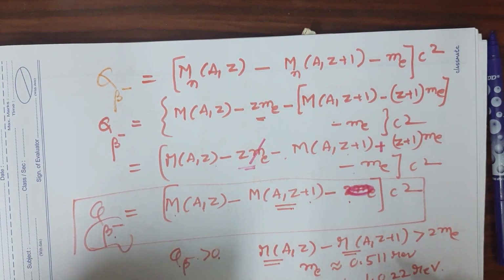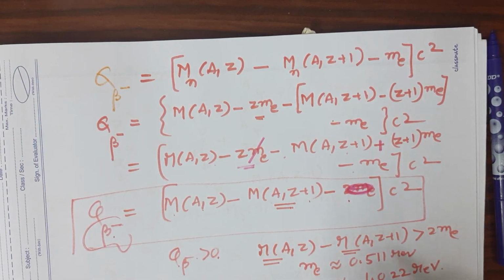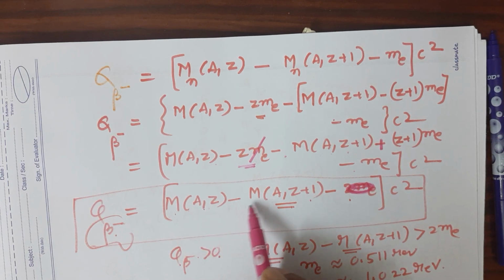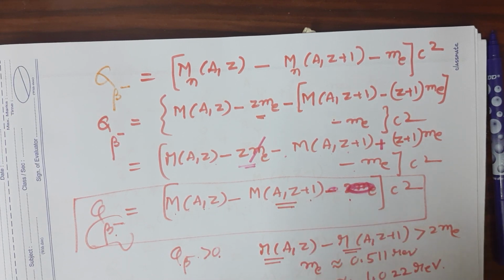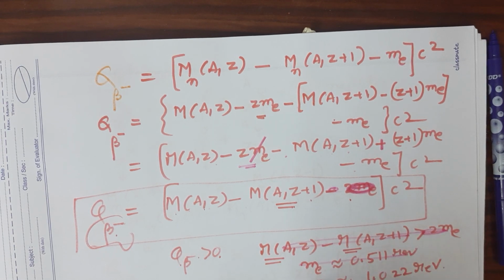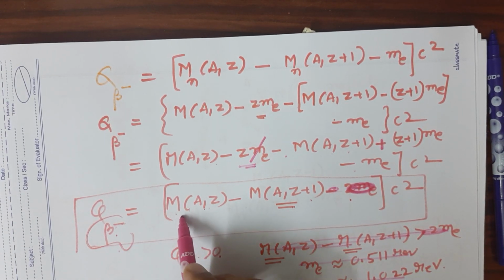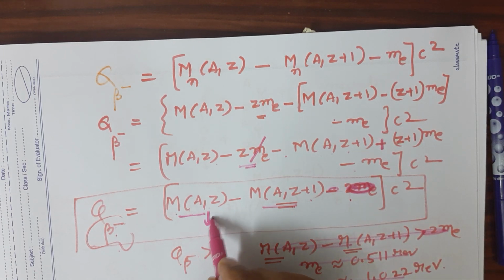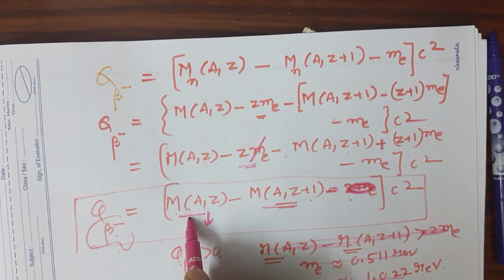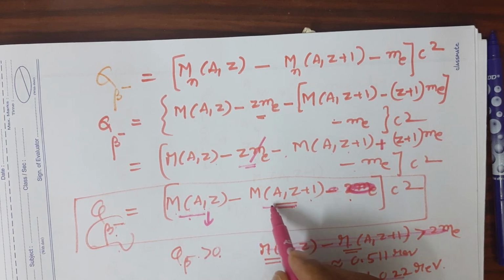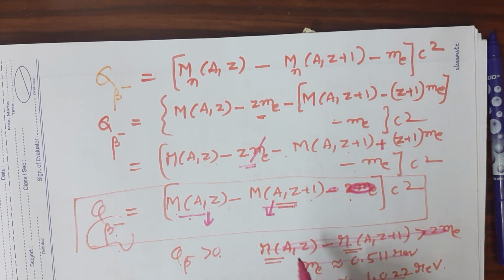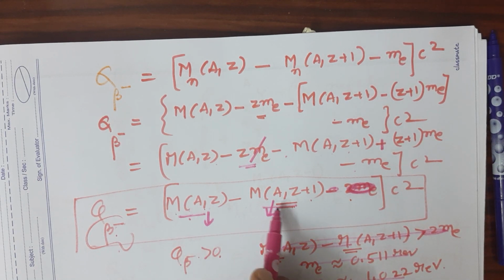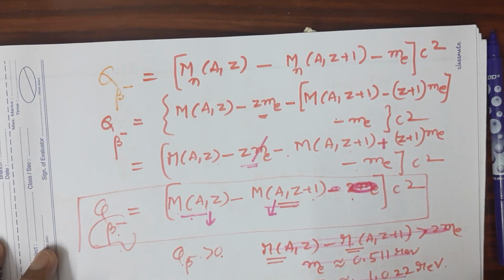So simply Q beta minus equals M of A Z minus M of A Z plus 1, into c squared. Here M of A Z is the atomic mass of the parent nucleus, and the other is the atomic mass of the daughter nucleus. It is simply the difference of the initial nucleus minus the final nucleus atomic masses, times c squared.